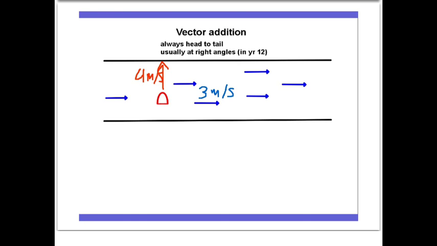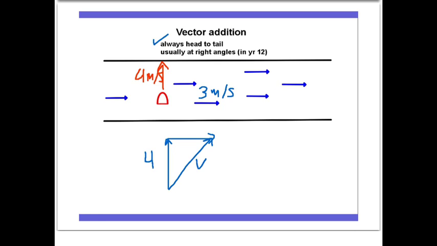So all we need to do is add together our two vectors. So we're always adding them head to tail. Always the head of the first to the tail of the second. Doesn't matter which way around you do them, but always head to tail. And in our course here in Year 12, it'll always be at right angles. So we have 4 meters per second there, and we have 3 meters per second there. So we get a nice right angle triangle.